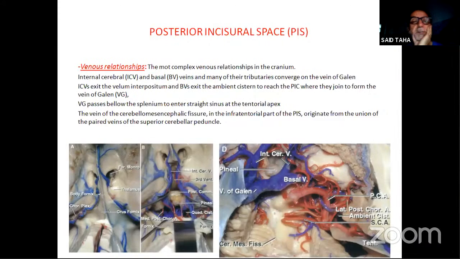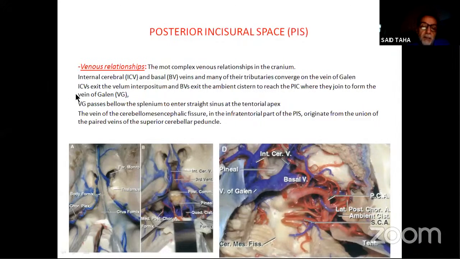The posterior incisural space, the venous relationships. There are the most complex venous relationships in this part of the cranium. The anterior cerebral veins and basal veins, and many of their tributaries converge on the vein of Galen.